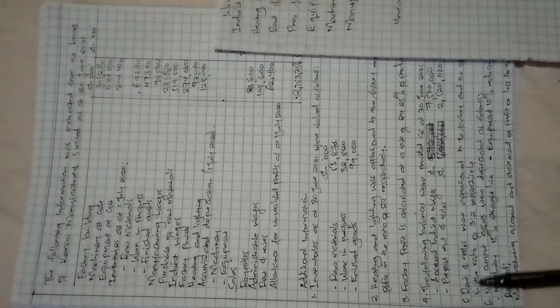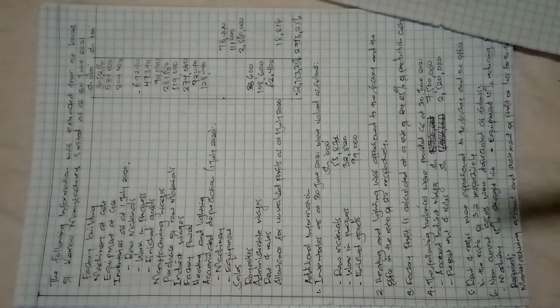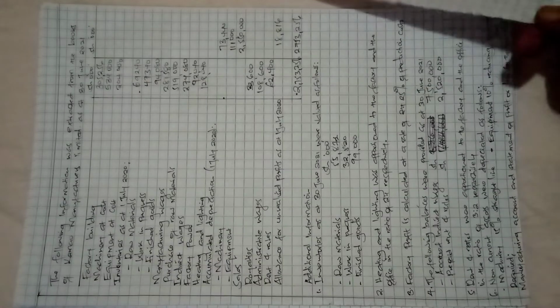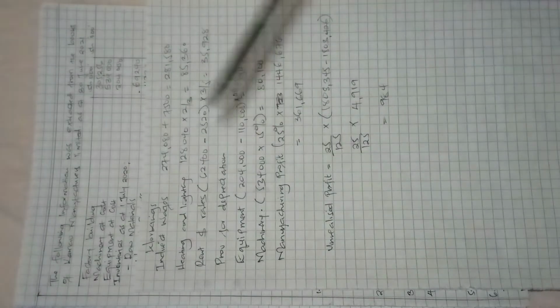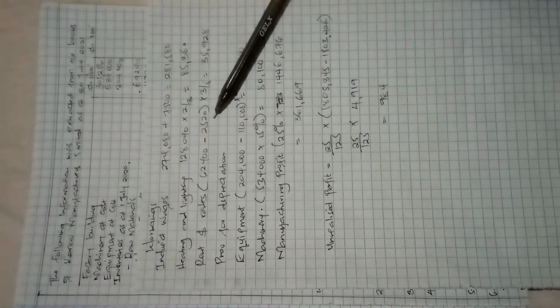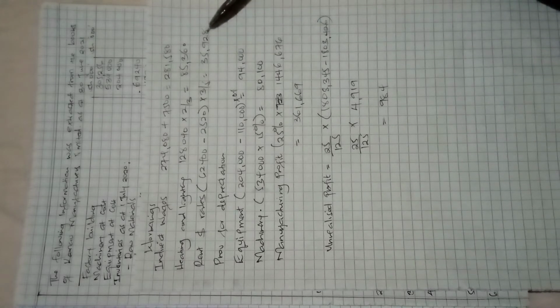And when you go to additional information 5, rent and rates were apportioned to the factory and the office in the ratio of 3:2. So 3 plus 2 is 5, so 3 over 5. So 62,400 minus the prepaid of 2,520 times 3 over 5, you get 5,928. You've adjusted for that.